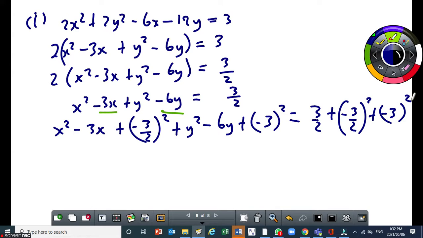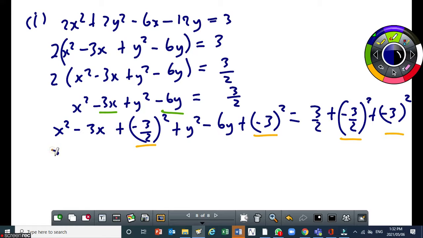Just to emphasize, this minus 3 over 2 squared is the same as that, and this minus 3 squared is the same as minus 3 whole squared. So I added half the coefficient of x on both sides, and I also added half of the coefficient of y on both sides.